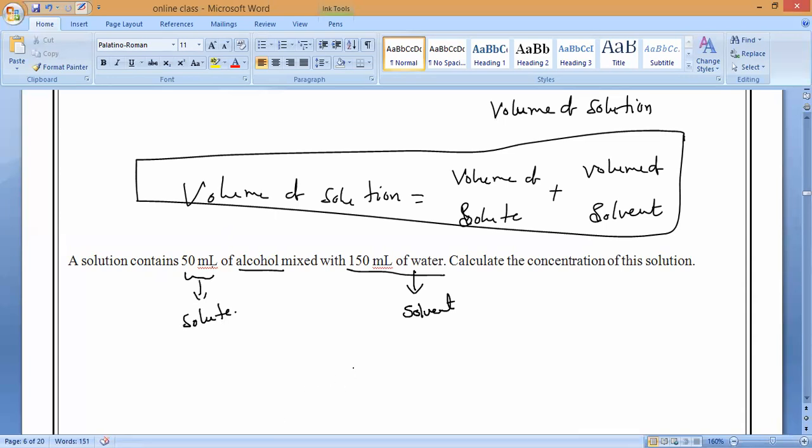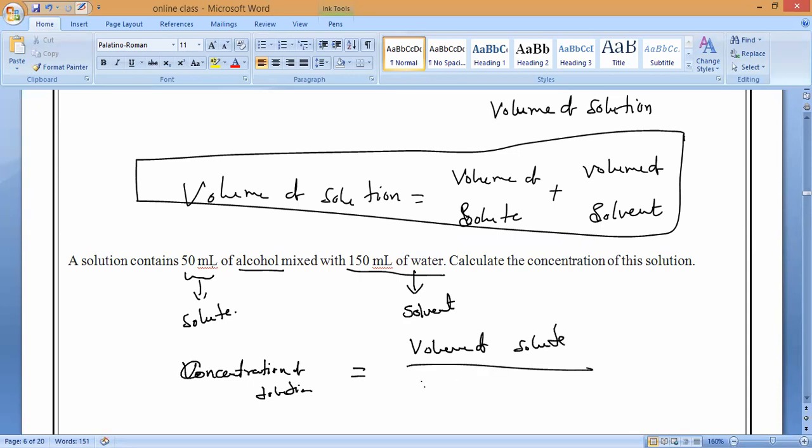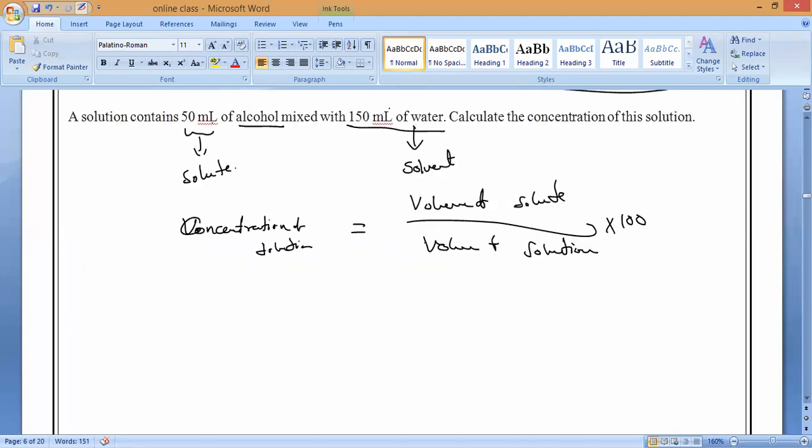So, by mass percentage, you can take volume of a solution, concentration of a solution. What is the concentration formula? Volume of solute divided by volume of solution into 100. Volume of solute is 50 ml, divided by volume of solution, which is not given.